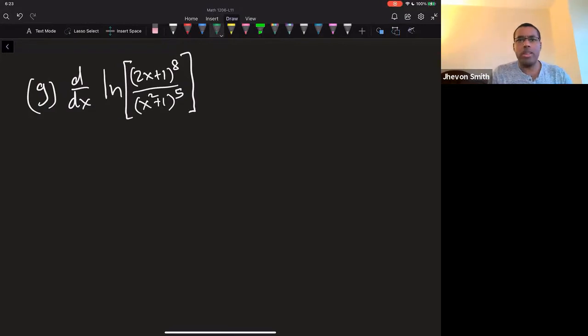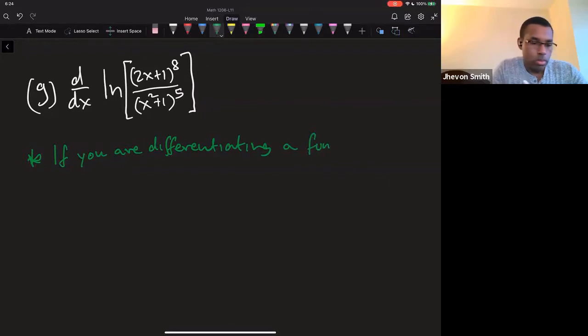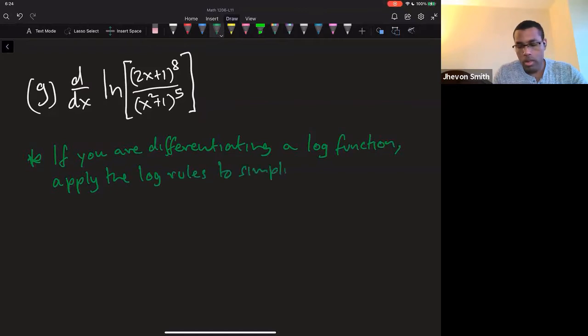I would also have some quick tips. If you are differentiating a log function, apply the log rules to simplify first.